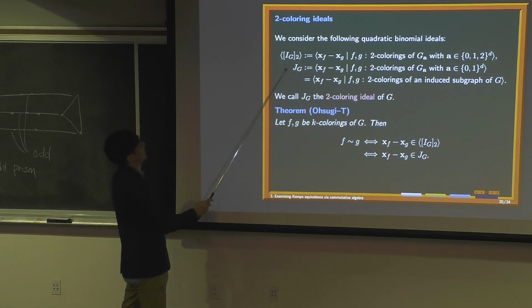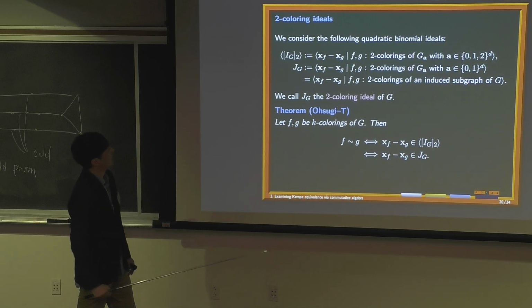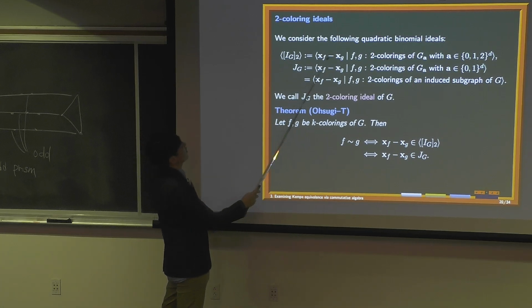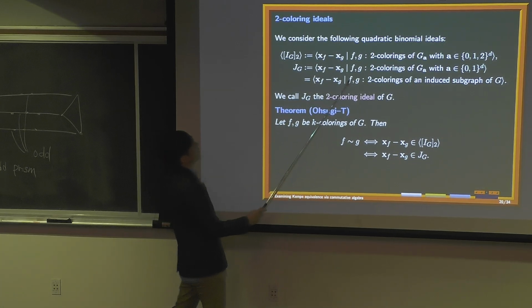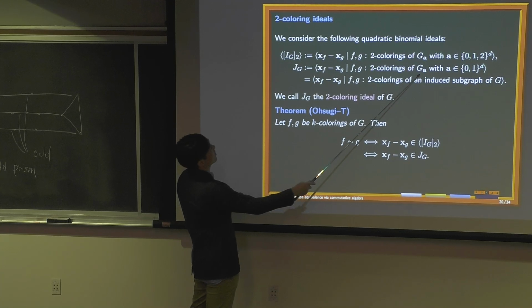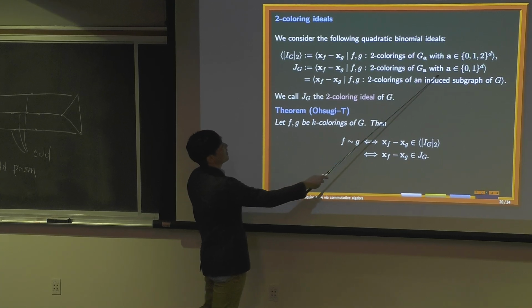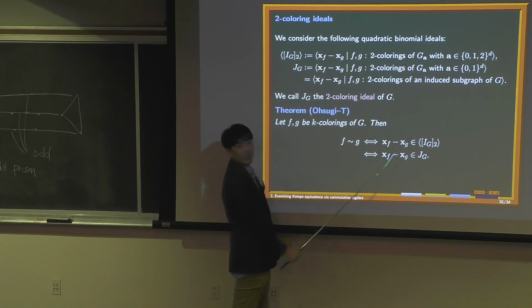Moreover, we define JG by these binomials associated to 2-colorings of GA with a 0,1 vector.